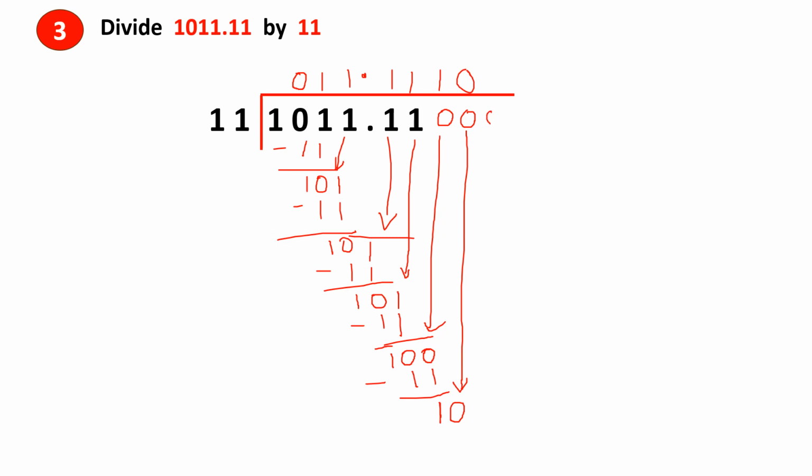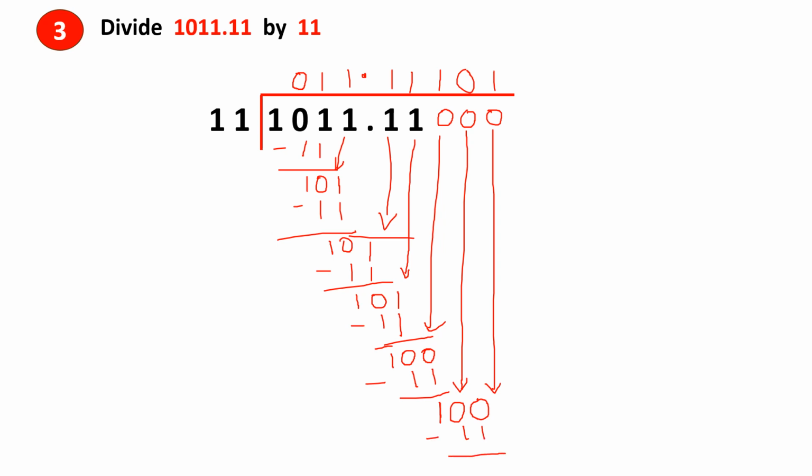Now add one more 0 and bring that 0 down. Now 100 is greater than 11. So put a 1 here. Then 11, then subtract.